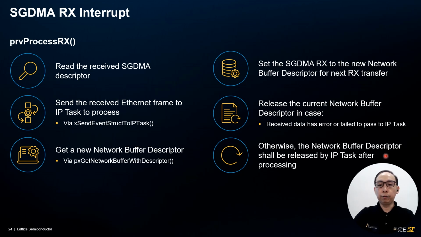Otherwise, if the received Ethernet frame is valid and passing it to the IP task has been successful, then the associated network buffer descriptor shall only be released by the IP task after it has completed the processing of that frame.